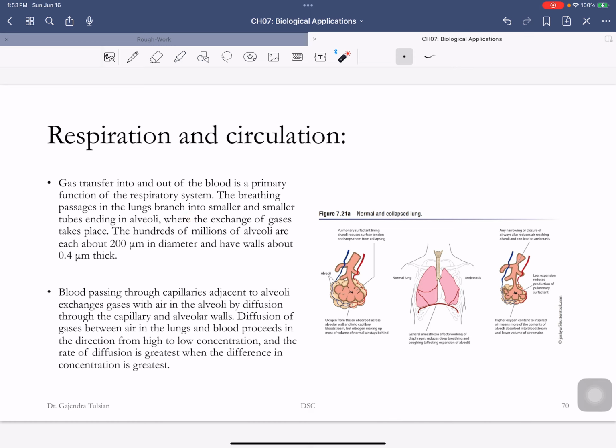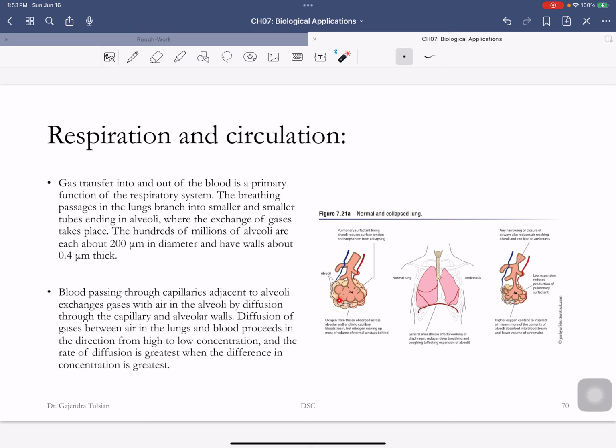The breathing passages in the lungs branch into smaller and smaller tubes ending in alveoli, where the exchange of gases takes place. The hundreds of millions of alveoli are each about 200 micrometers in diameter and have walls about 0.4 micrometers thick. So fairly thin walls. Blood passing through the capillaries adjacent to the alveoli exchanges gases with the air.